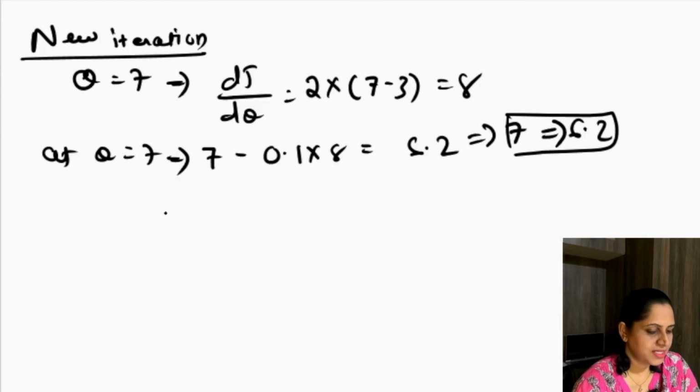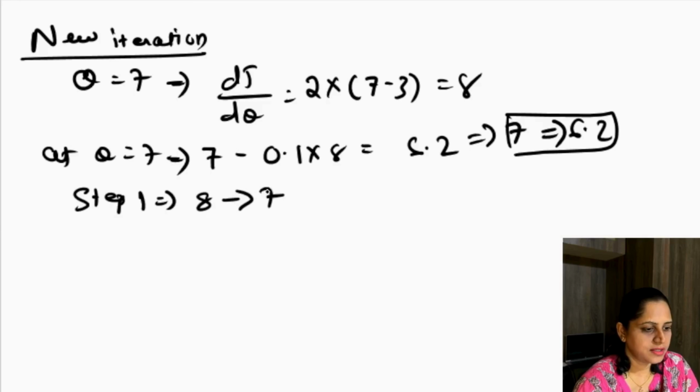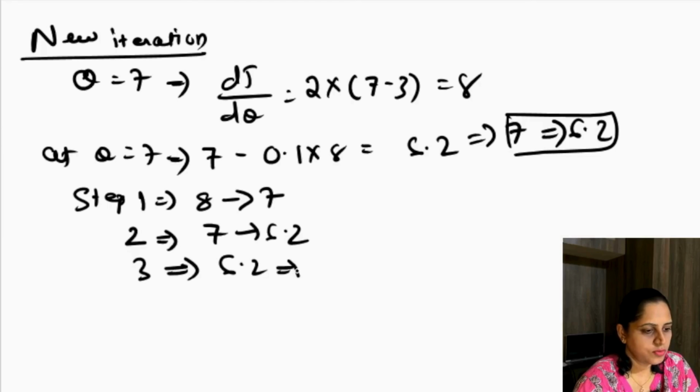So just imagine, just the way I told, that it needs to converge. So it will take different steps. I have calculated this already, so I'm just summarizing it. My 8 becomes 7, right? At step 2, my 7 becomes 6.2. At step 3, my 6.2 will become 5.56.